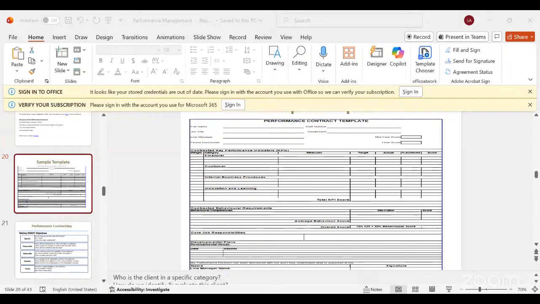And the target is the employee at the end of the performance period should have participated in a minimum of 3 training and improvement initiatives.